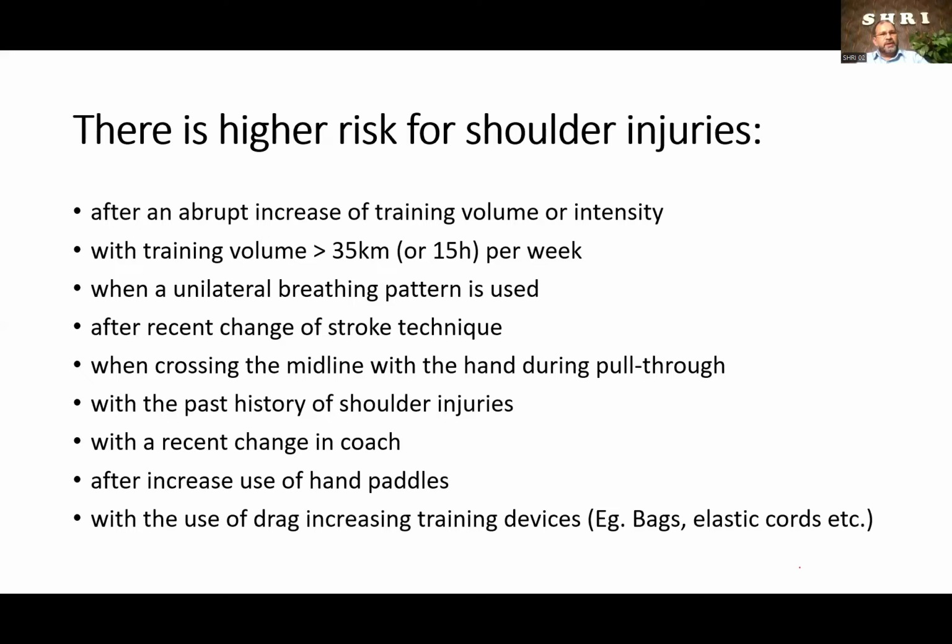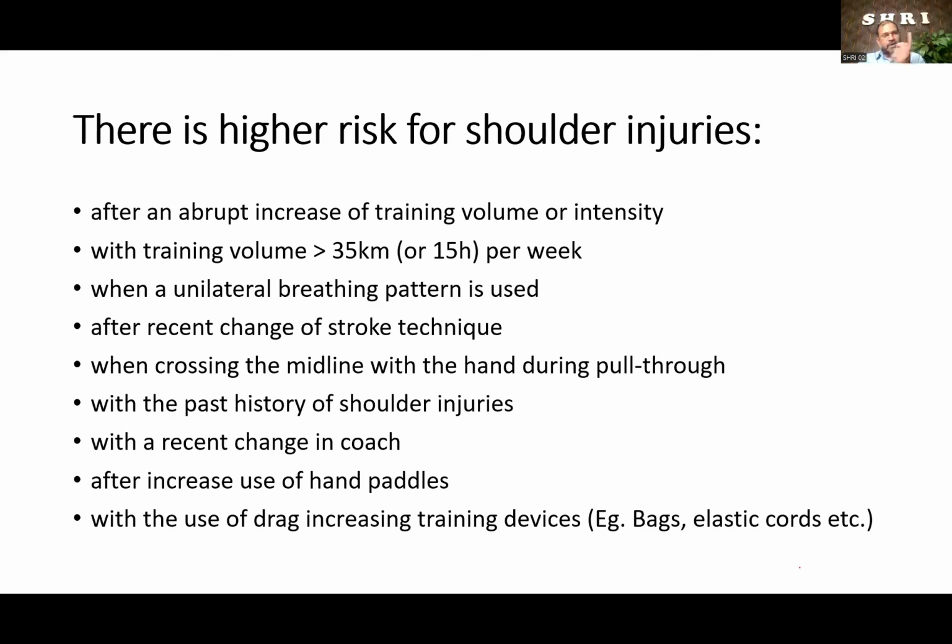And the other one is when a unilateral breathing pattern is used. As we all know, when they swim, they alternately turn their head side to side, right and left. So unilateral breathing is not good.